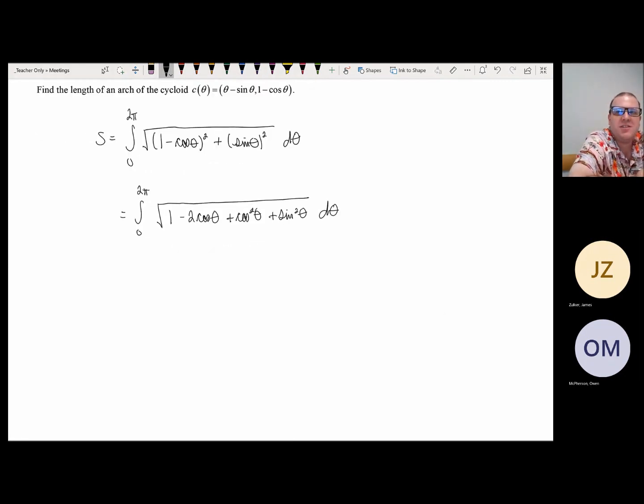And expand it out. It simplifies down to the integral from 0 to 2 pi of the square root of 2 minus 2 cosine of theta.